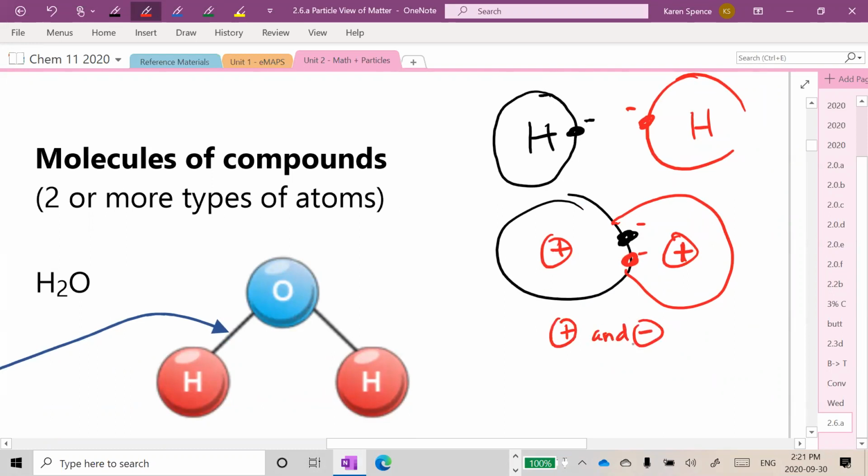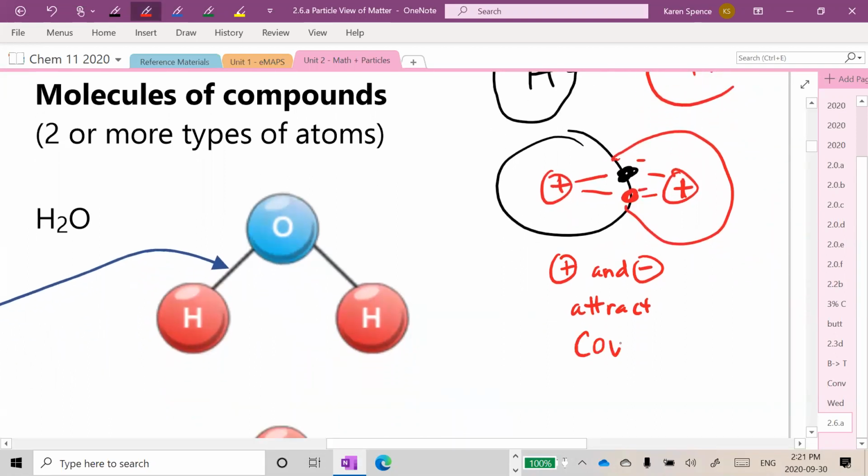They do cancel, but they also do something else. They attract. The positive is pulling on the negative, and it's pulling on this negative. This nucleus is pulling on the electrons. This one's pulling on the electrons. And that pull is what we call a covalent bond. That is a covalent bond. And that only happens in nonmetals.